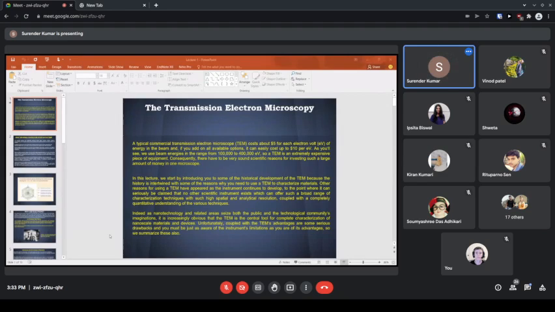So this is the final relation, where lambda is connected with the energy. In this equation, E is the energy in electron volt, and lambda is the wavelength. If we calculate this for a 100 kilo electron volt transmission electron microscope, the wavelength comes to be around 4 picometer.